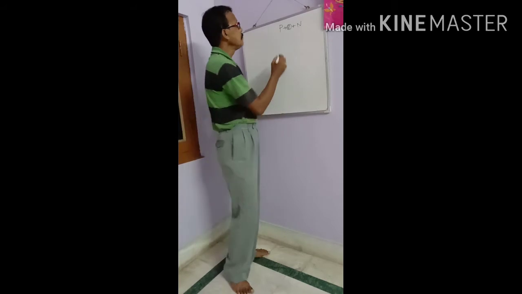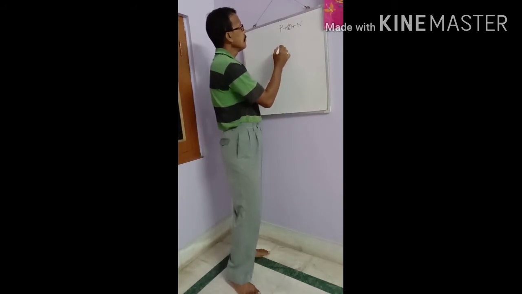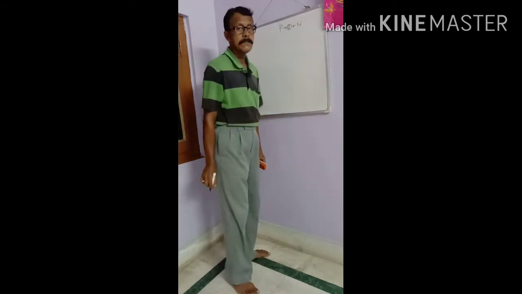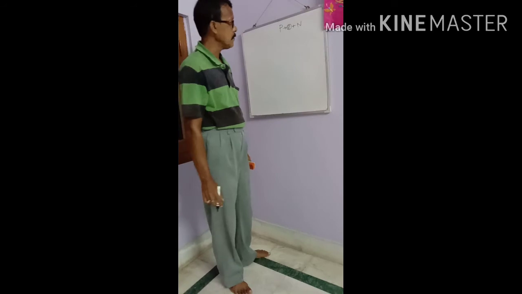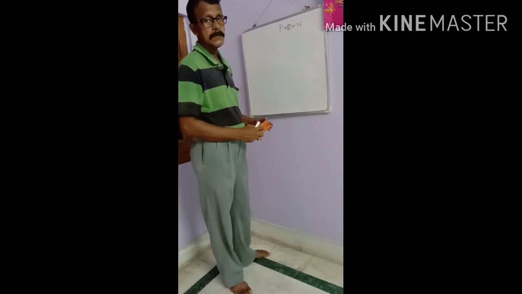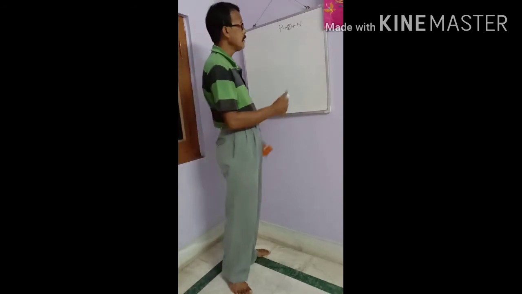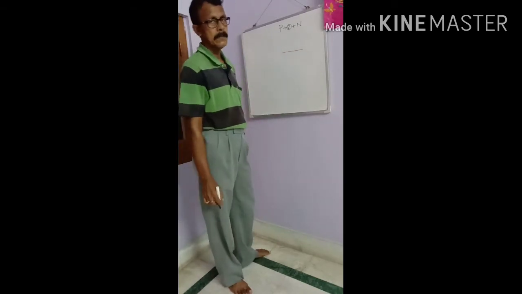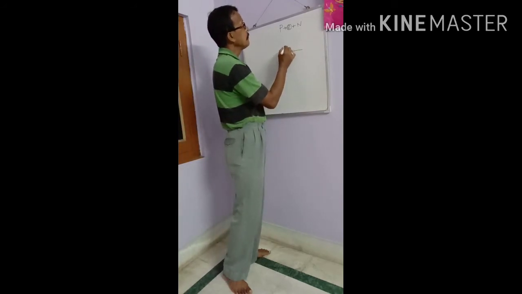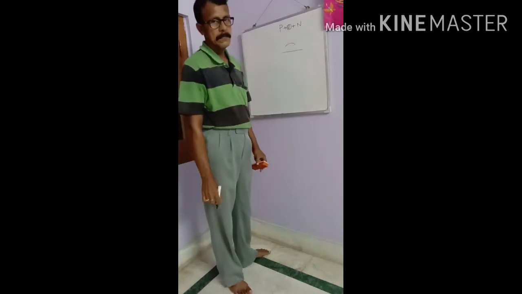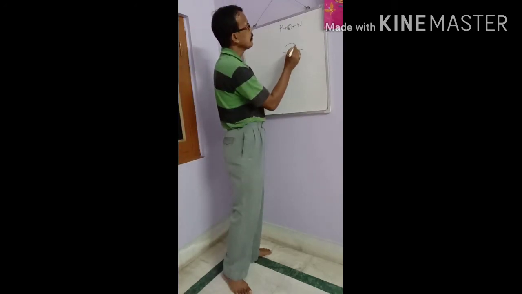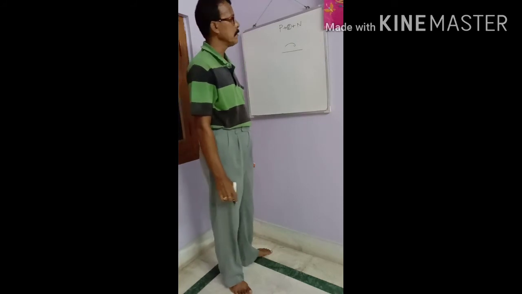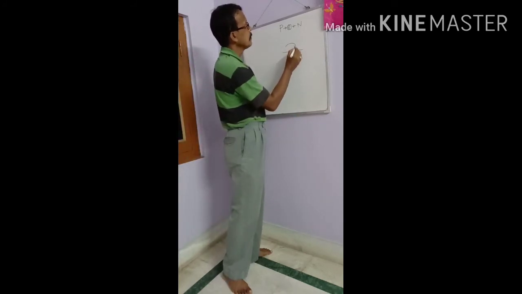Now, in case of curve stroke, how we will use the N hook and F hook? Curve stroke, such as M, this hook is called N hook. N hook.